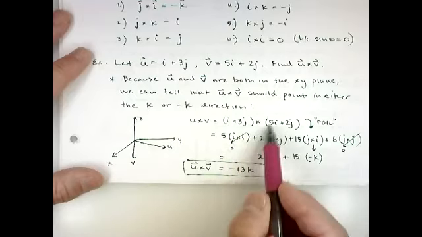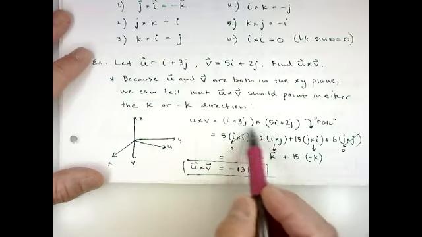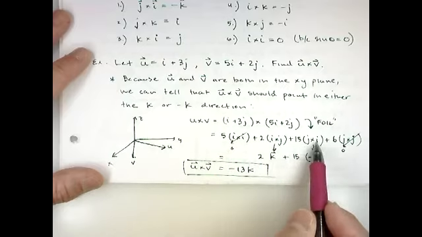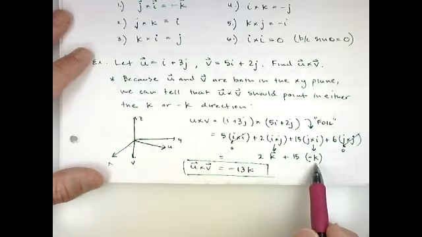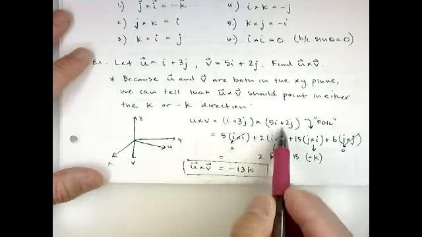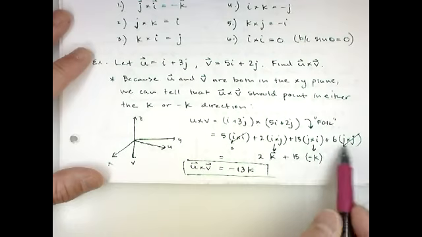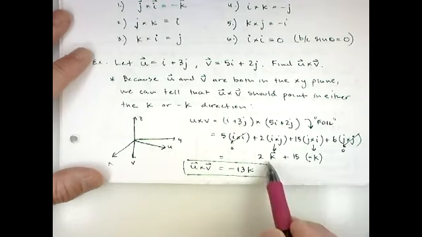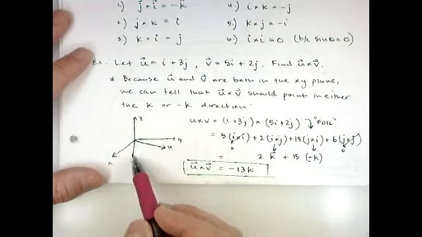You would have 3 times 5 is 15. And then you would do j crossed with i, which is negative k. And then finally 3 times 2, 6, j crossed with j, but because they're in the same direction, that's going to be 0. So I only end up with 2k minus 15k. The cross product is negative 13k, which is pointing straight down as we suspected.